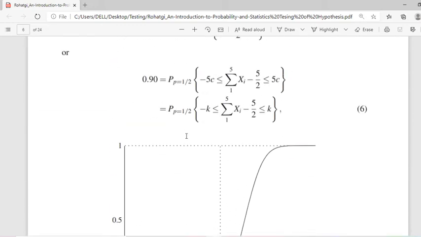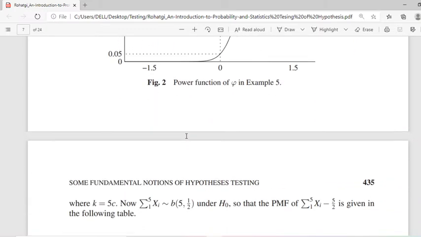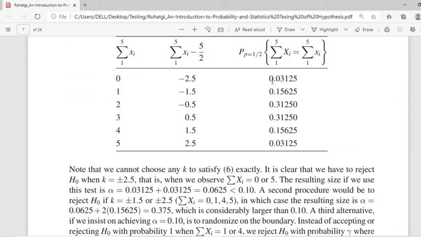This is equation number 6. Probability of minus k less than or equal to summation from i equal to 1 to n of xi minus 1 by 2 less than or equal to k should be equal to 0.9. So look at this figure. If we add these two observations, we can see that it is only approximately 0.07.